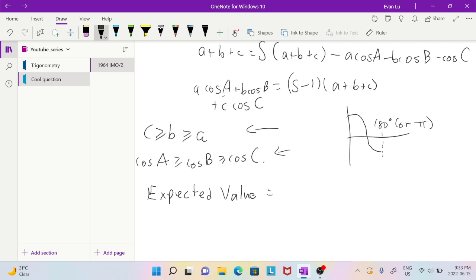So like if I put c with cos A, I can't put a with cos A anymore. So it should look like a times cos something plus b times cos something plus c times cos something, but we're not going to repeat anything. So each of them is going to show up only once. So the expected value of this is just going to be the average of everything, right?